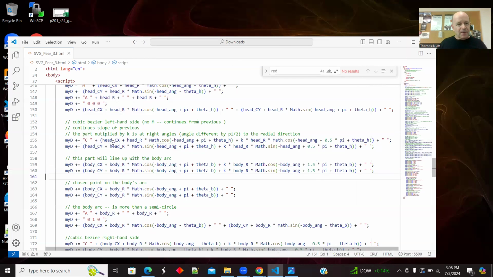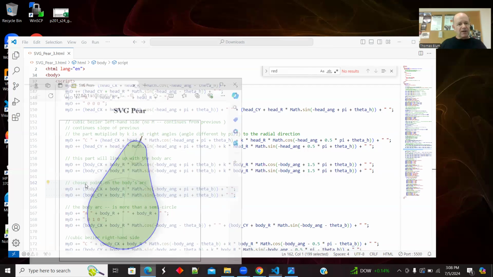Okay, so this is continuing the slope of the head arc. This is getting me going in the direction of the body arc slope. And then this is the point I'm picking up on the body's arc. So now I'm down here.